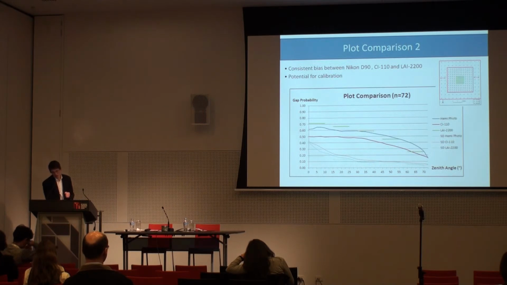A consistent trend is really developing between the high resolution camera and the low resolution camera, where the high resolution camera is consistently above, measures a higher gap probability than the low resolution camera, and once again the standard deviations are quite similar. They're also statistically significant. So this indicates there might be potential for calibration between these instruments in this study site, or of a representative forest such as ours.